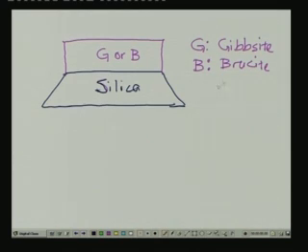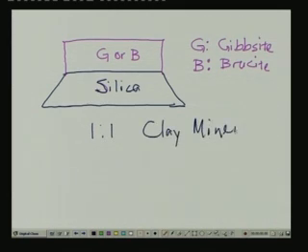The top layer is actually octahedral. It could be brucite or other types of octahedral species, whereas the silica sheets are tetrahedral in composition, in geometry. This is an example of a 1:1 clay mineral, where you have basically one tetrahedral sheet and one octahedral sheet.